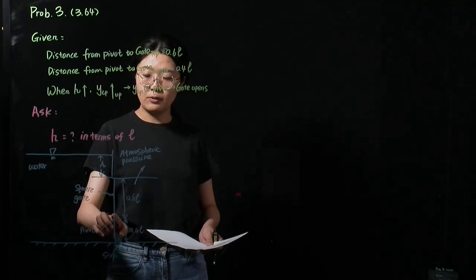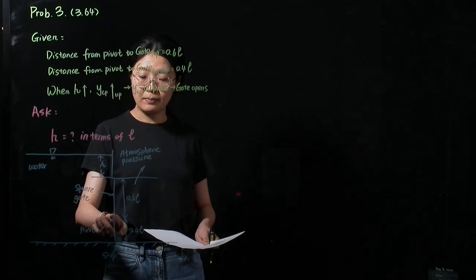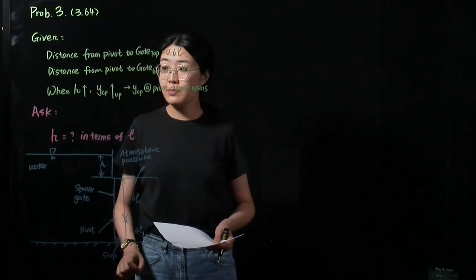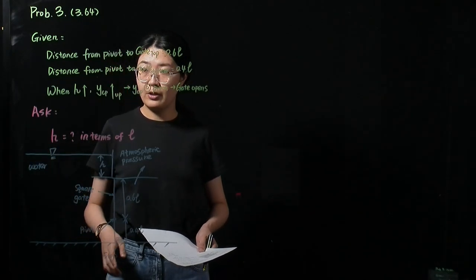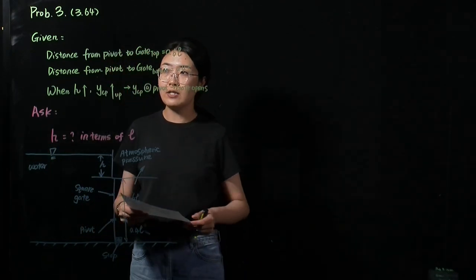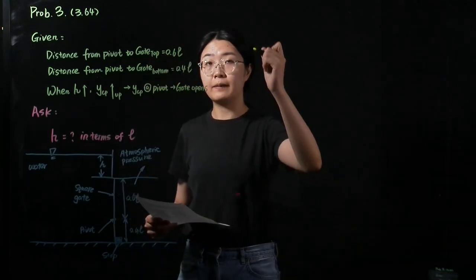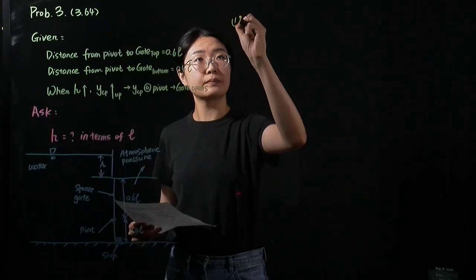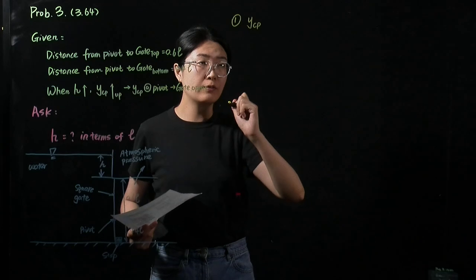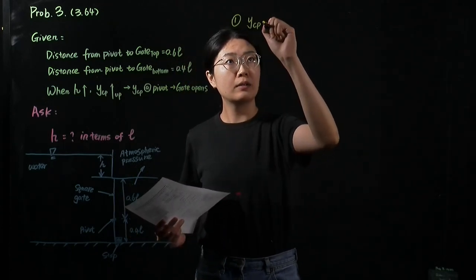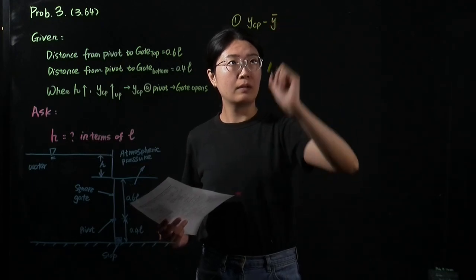So when it moves to the pivot, the gate will automatically open. In this problem, we want to represent h in terms of L. So first, to solve this problem, we need to calculate the distance between the location of the center of pressure and the centroid.